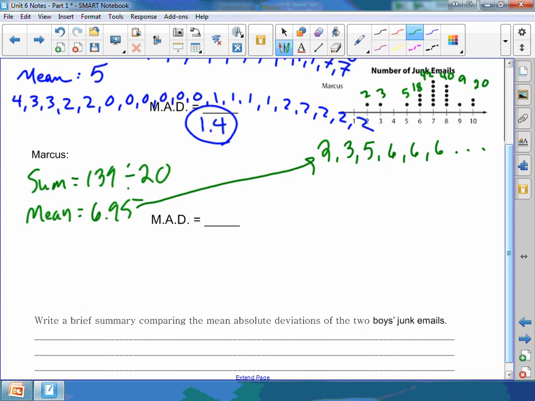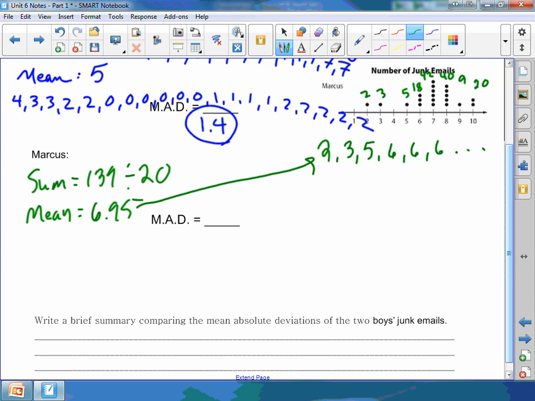So 3.05 times 2 plus 2.05 plus 1.05 times 5 plus 0.05 times 6 plus 0.95 times 3, and then we just have 3 singles, plus 1.95 plus 3.95 plus 4.95.